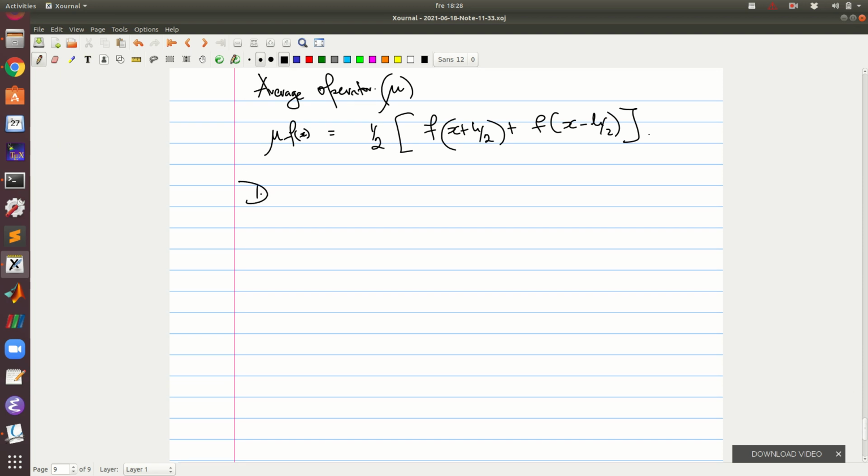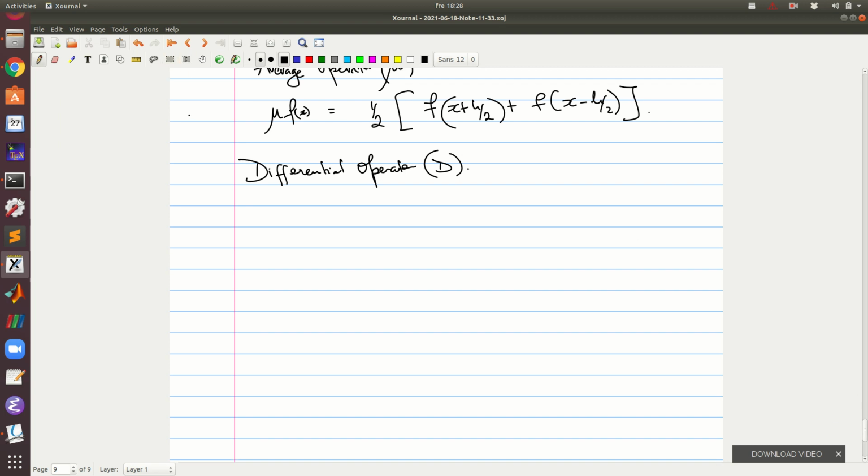And then we would also like to define a differential operator, which we represent by the symbol capital D. The differential operator has the following property.